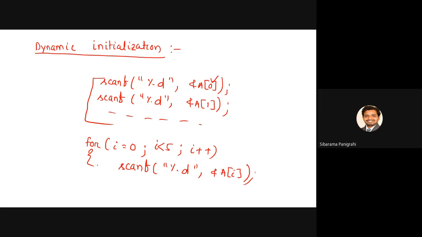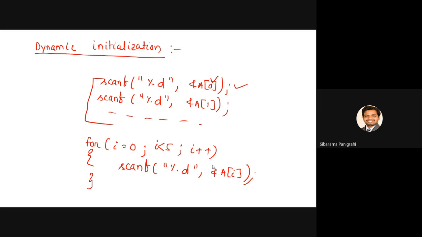So when i equal to 0, it will execute &a[0]. When i equal to 1, it will execute &a[1]. Similarly, when i equal to 4, it will execute &a[4]. Right? So this is all about initialization.